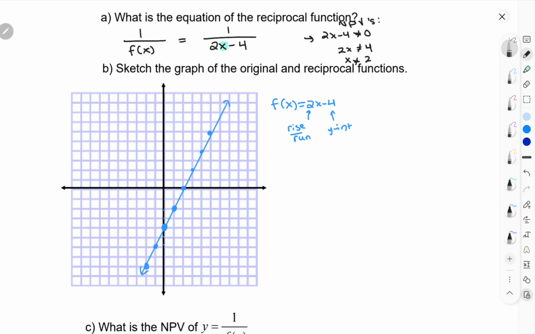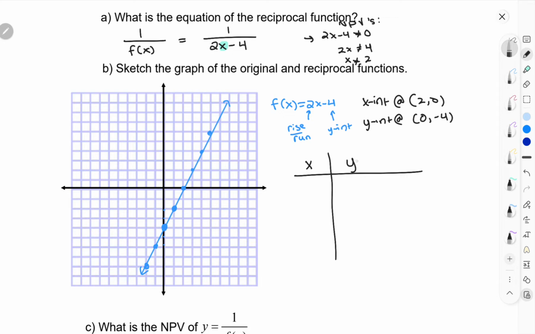This graph has an x-intercept at 2, 0, it looks like. It also has a y-intercept at 0, negative 4. And it has a bunch of these coordinate points. So if I talk about f of x, I have a bunch of coordinates here.